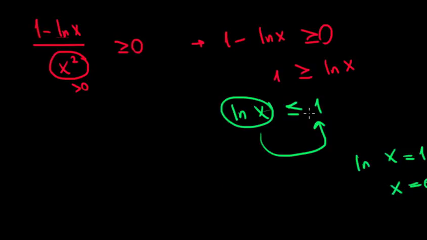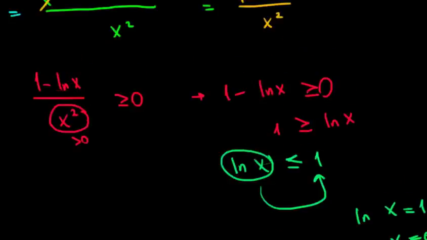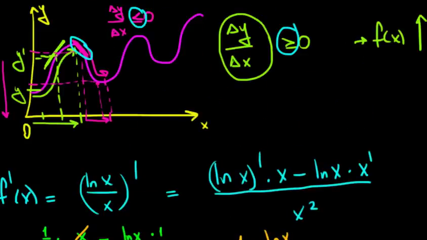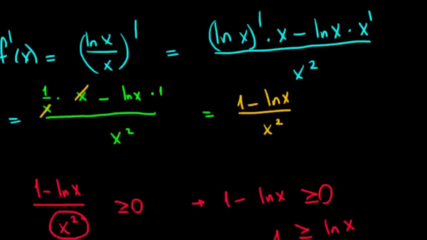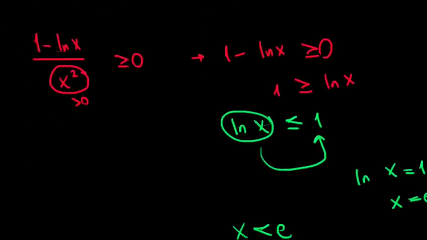And if we want values less than 1, that would mean that x has to be less than or equal to e. And also remember from our domain that x has to be greater than 0. So x has to be greater than 0 and less than or equal to e. That would be our final answer.